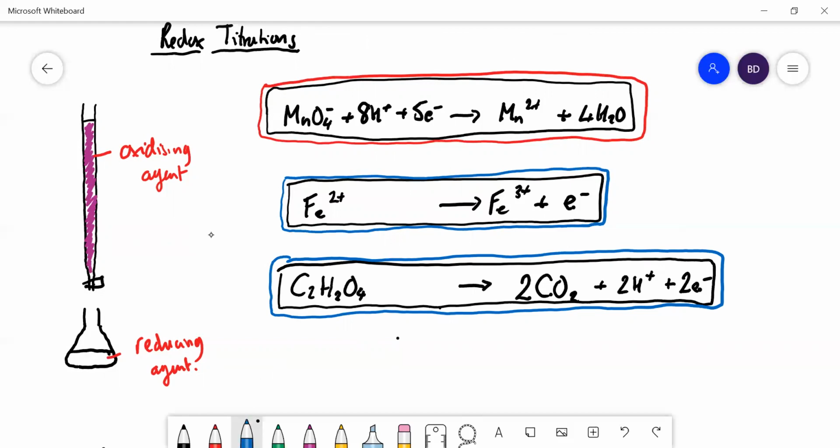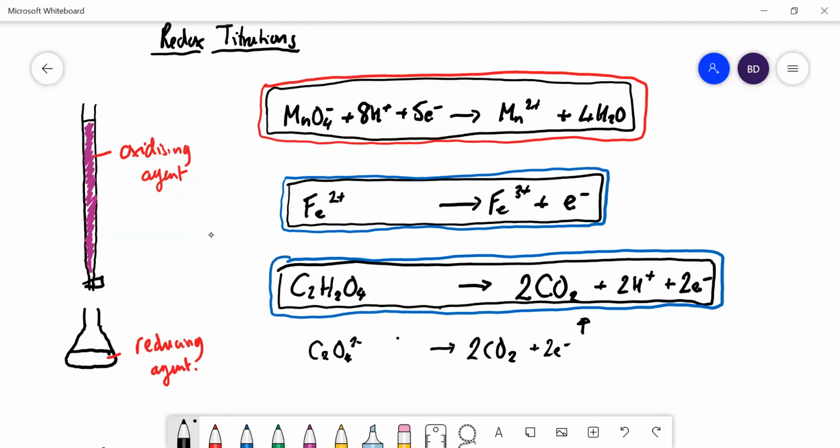This ethanedioate one, you might see it as instead of ethanedioic acid, it could be ethanedioate ion. So that's going to be C2O4 2 minus goes to 2CO2. Balance, no hydrogens to worry about, balance of the charges, 2 electrons. So it's essentially the same as that one up there.